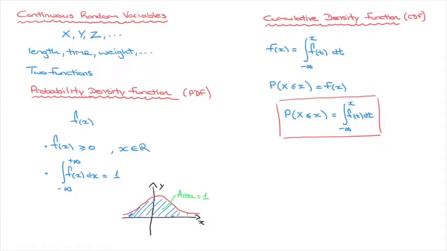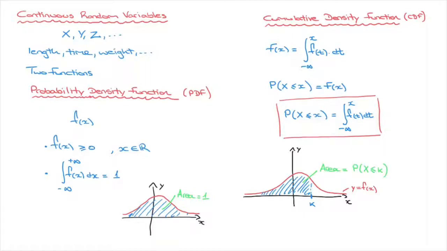So given a probability density function, which I'll make a quick sketch of here, the probability that the continuous random variable be less than or equal to some value k is equal to the area enclosed by the curve of the probability density function and the horizontal axis up to k. We're going to see an example of how to do that in just a minute.